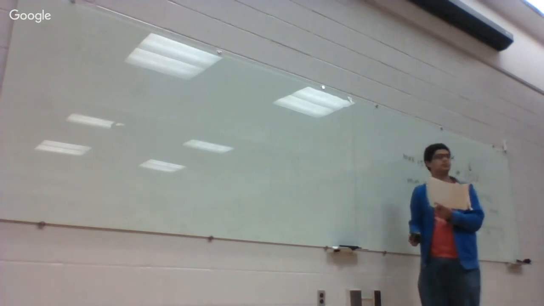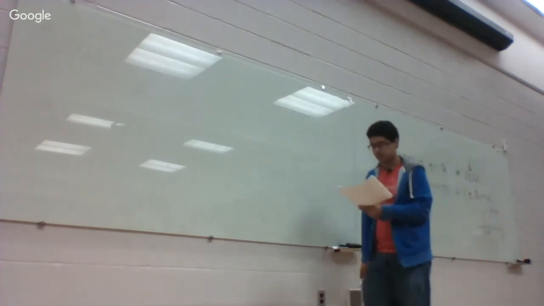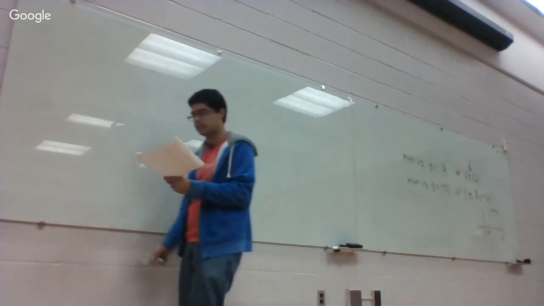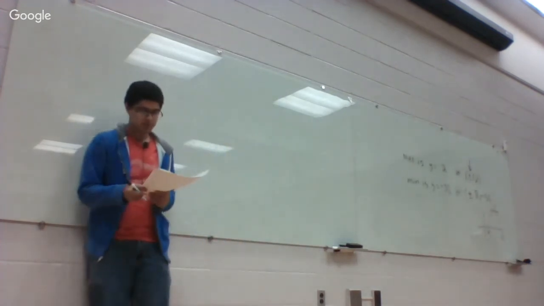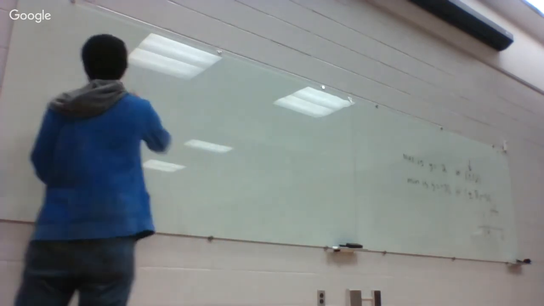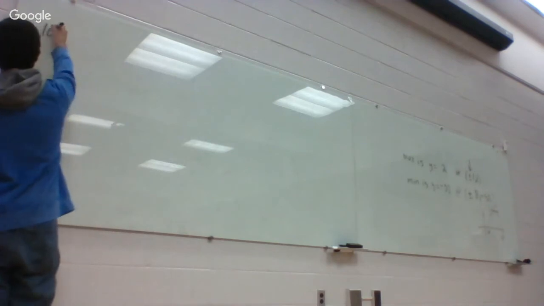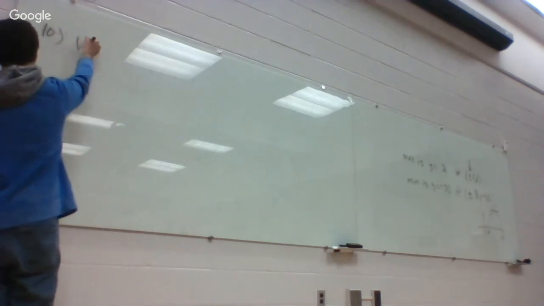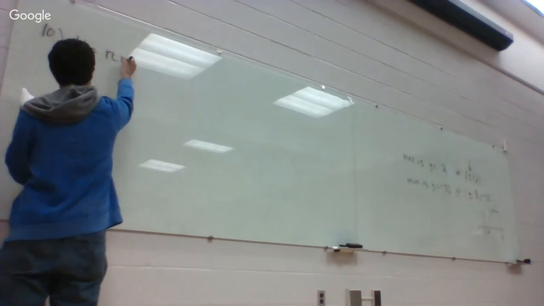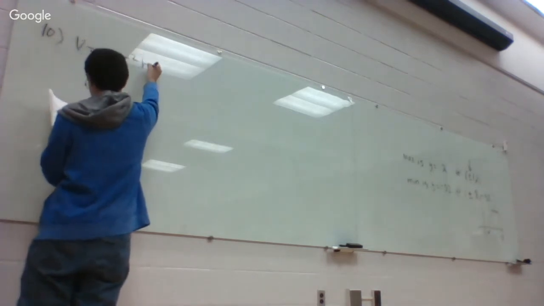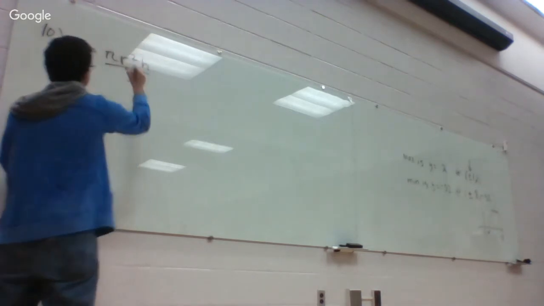Any questions? Okay. So this one, water is leaking from a circular cone, and they give you the formula of it: pi r squared h all over 3.